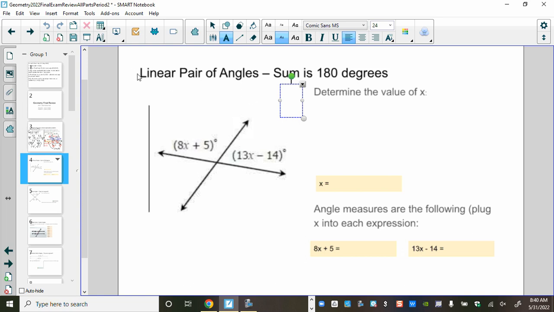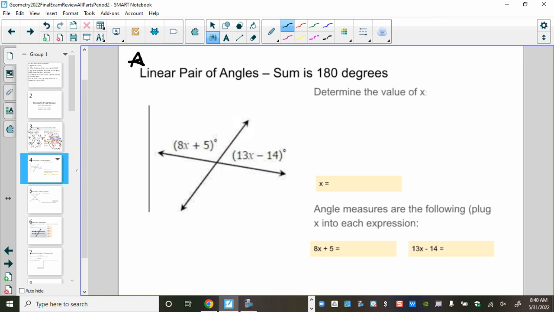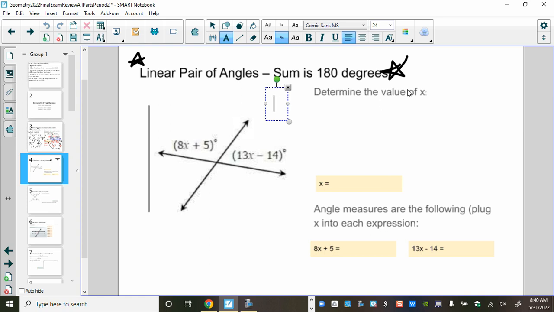This is something, if I were you, I would definitely take note of this little tidbit here. Who would like to take a guess as to how we're going to set up this linear equation? Do we set them equal to each other, or do we add them up to 180? We form a straight line. That means, am I putting an equal sign?